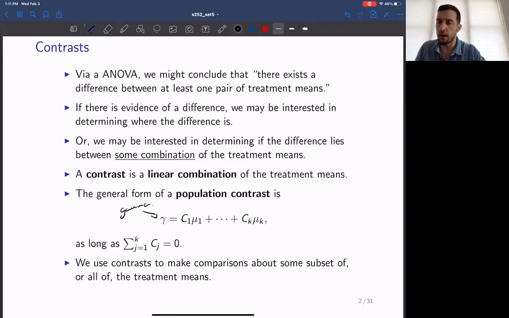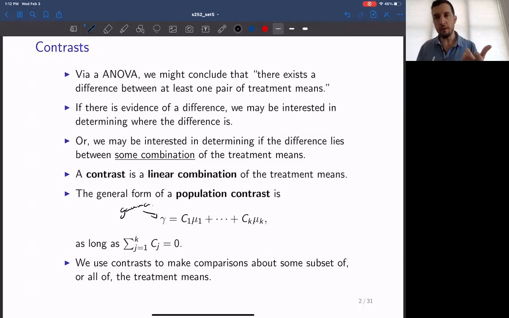The rules of the contrast are pretty straightforward. The coefficients that we place in front of each mean have to add to 0. Essentially, what the contrast allows us to do is compare the treatment means in such a way that we could state there's a difference between mean 1 and the average of means 2, 3, and 4. Or there's a difference between the average of mean 1 and mean 2 and the average of mean 3 and mean 4.